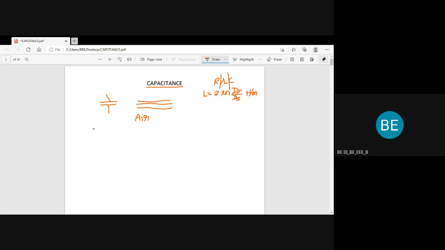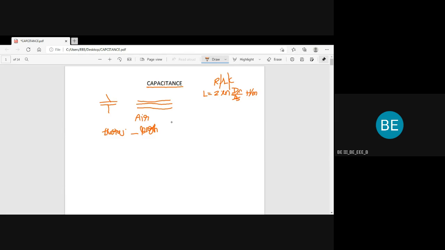As we said earlier, capacitance will be throughout the length of the line. It is not confined at only one place. It is present throughout the length.